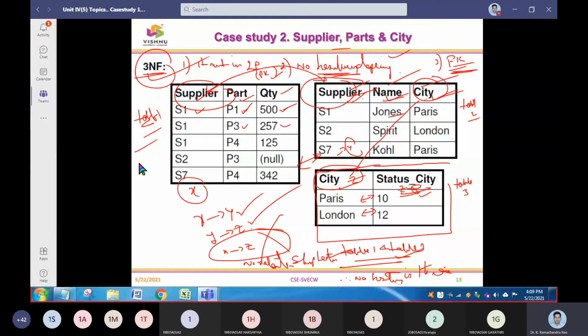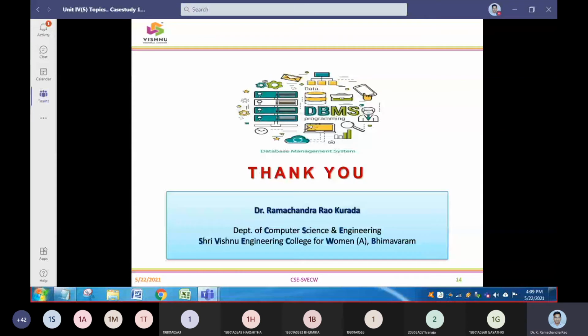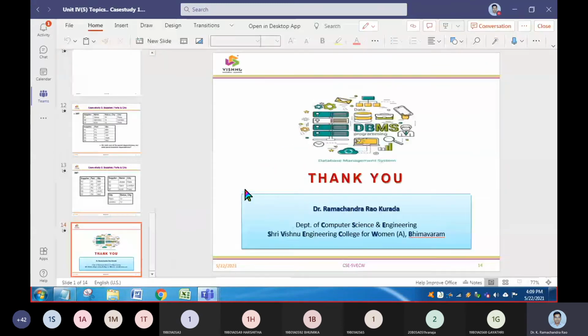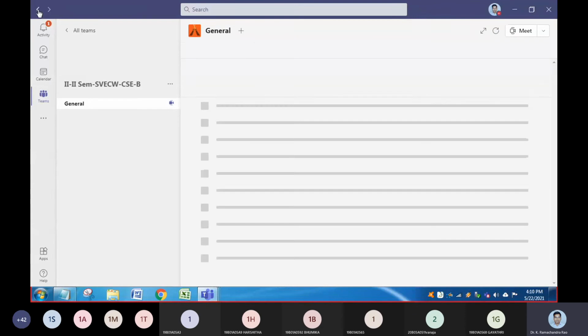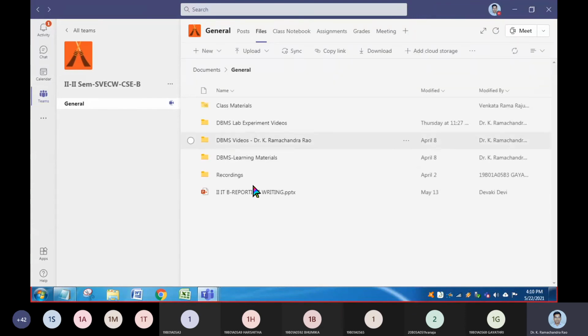That's all. So that is how we have taken up two case studies as a part of today's class. In these two case studies, we worked out the important normal forms which are invoked in all the projects.